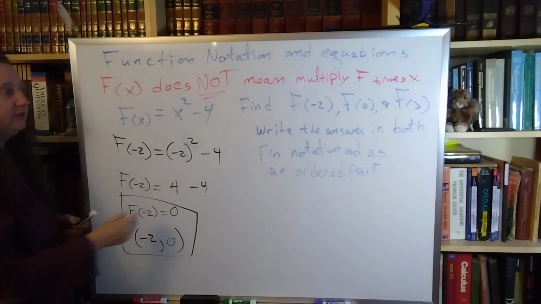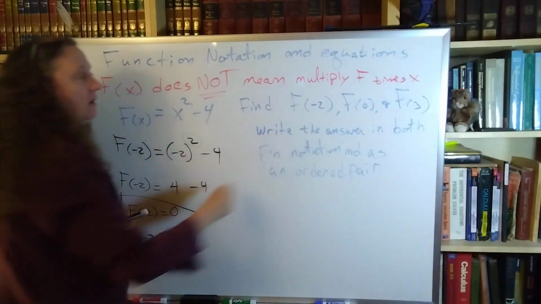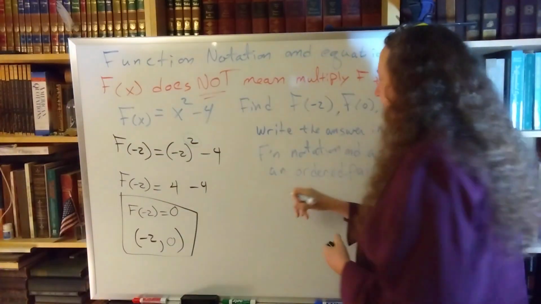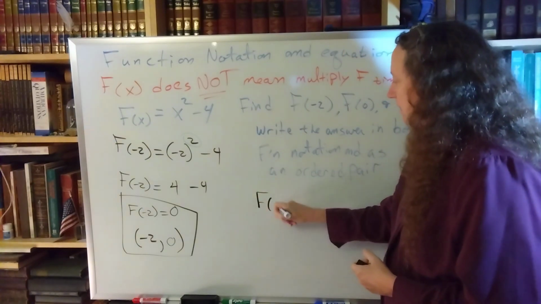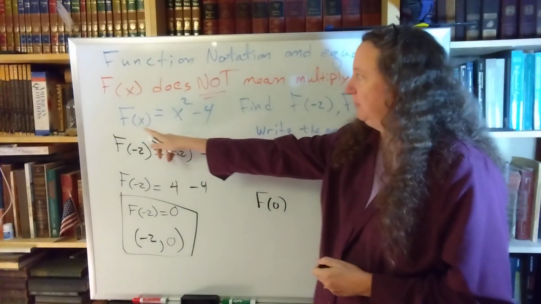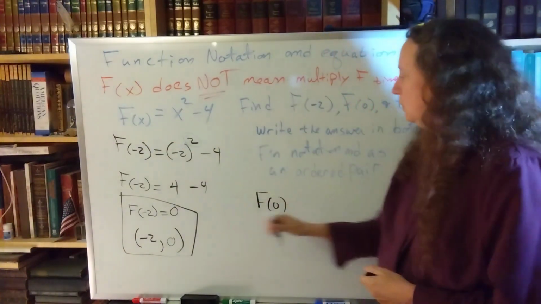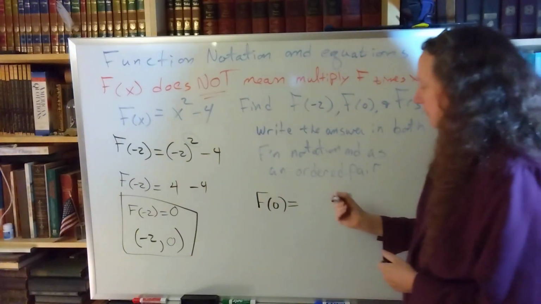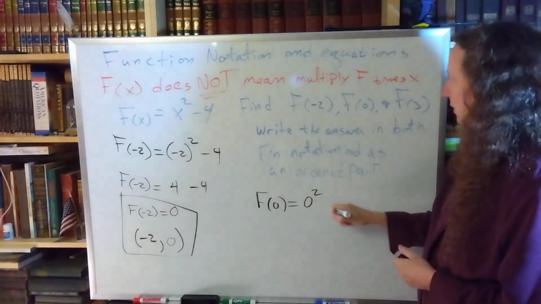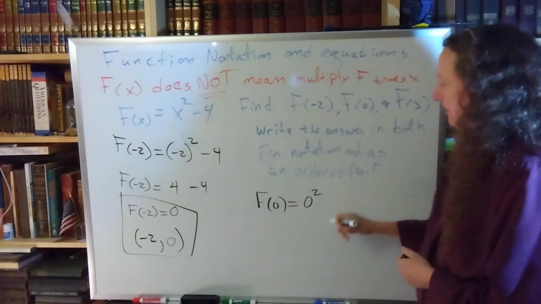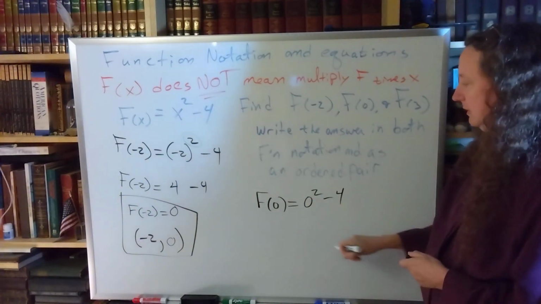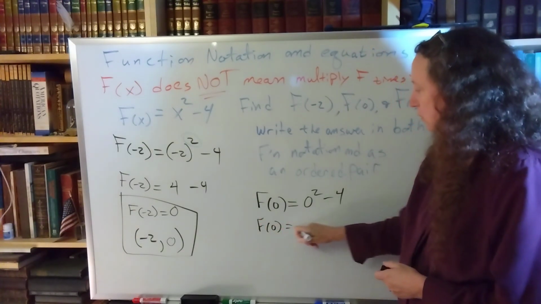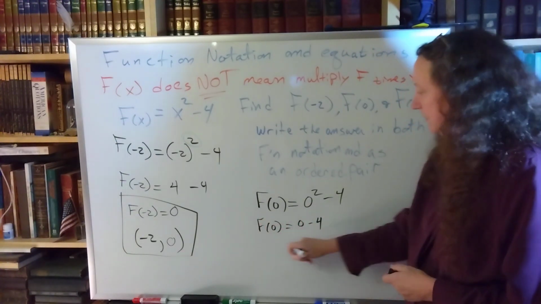Doing the same process for f of 0. So take my f of 0, I replace my x with a 0, equals, replace my x with a 0, squared, and carry over my -4. So f of 0 equals 0 minus 4.